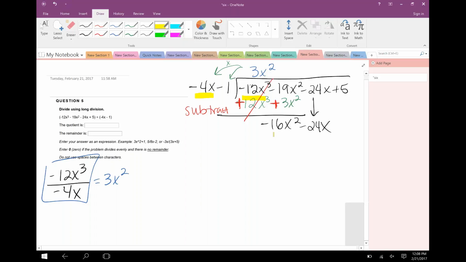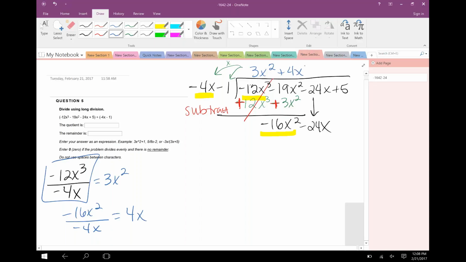Then we go back and take the leading term in this dividend divided by our leading term in the divisor. So we're saying negative 16x squared divided by negative 4x. Negative divided by negative is a positive. 16 divided by 4 is 4. Then x squared divided by x is x. So we have positive 4x.